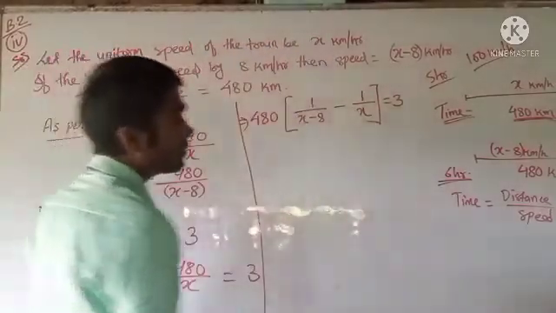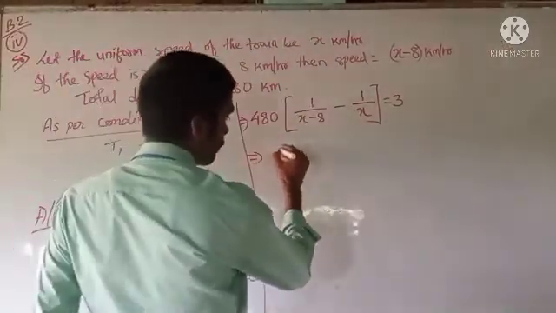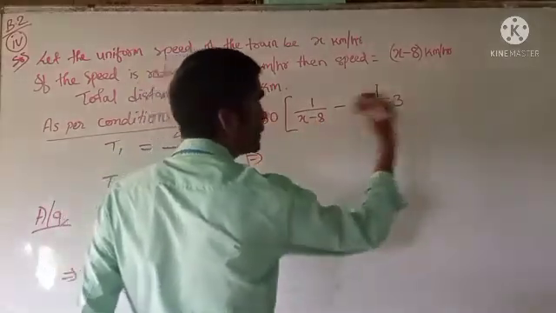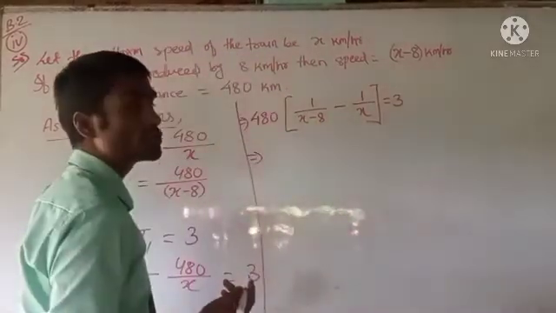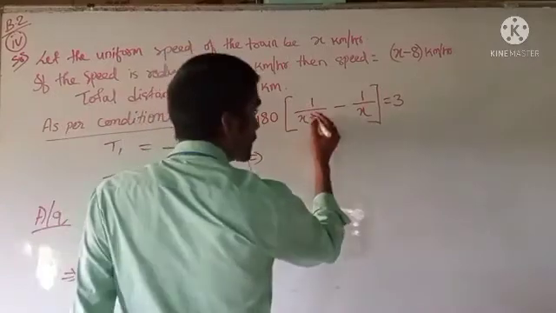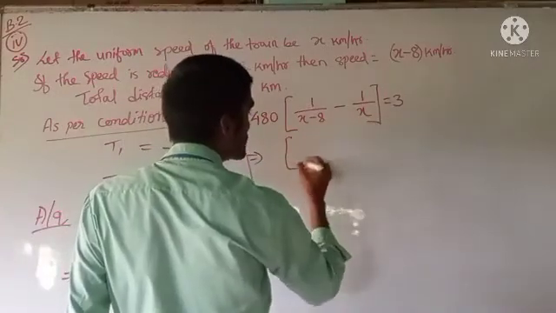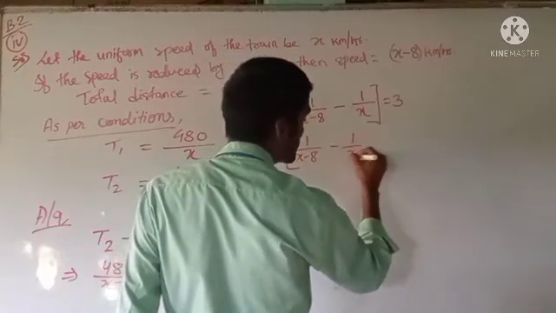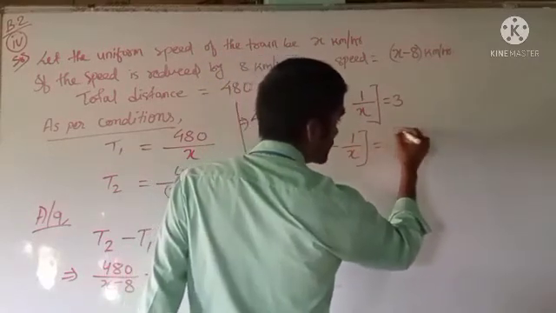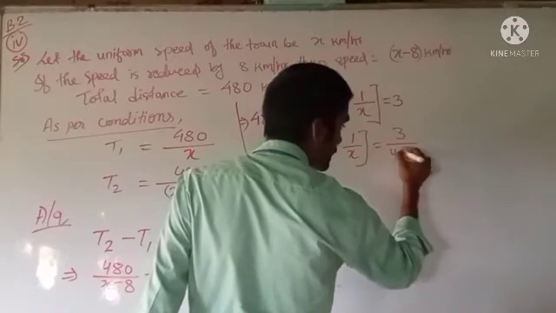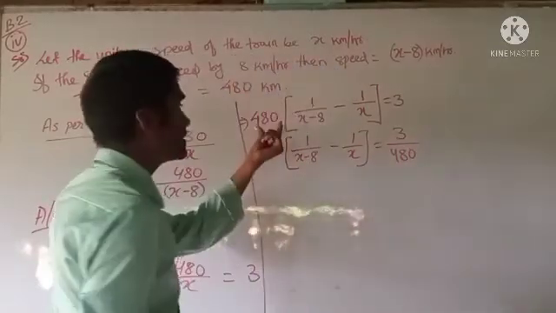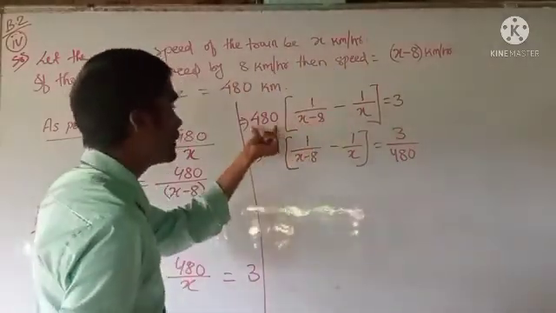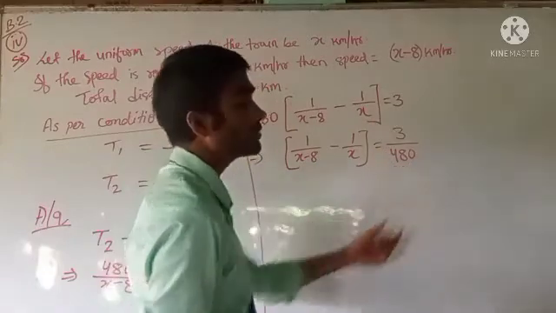Now 480 is multiplied here, and when we transfer it to the other side, it changes into divide. So inside the bracket we will solve first: 1 by x minus 8 minus 1 by x is equal to 3 divided by 480, because 480 is multiplied with this term.